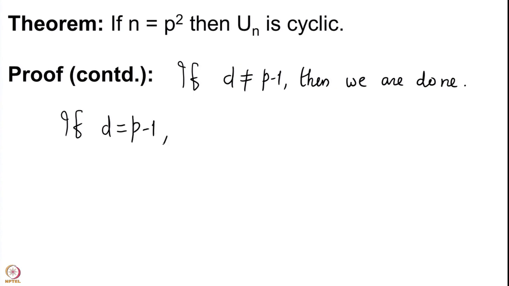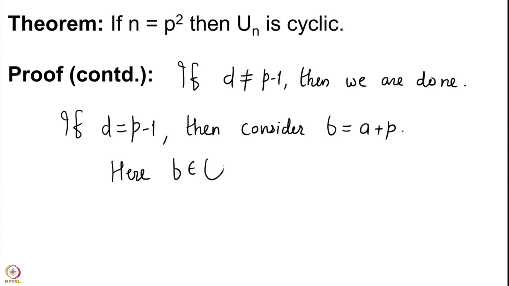If the order of the element a mod p square is also p minus 1, then consider a new element b, which is a plus p. So, first of all here b is also an invertible element modulo p square, because the GCD of b with p is also 1, and so GCD of b with p square is also going to be 1.